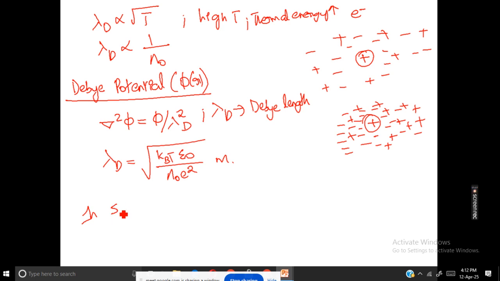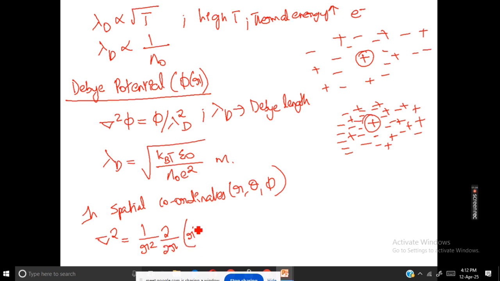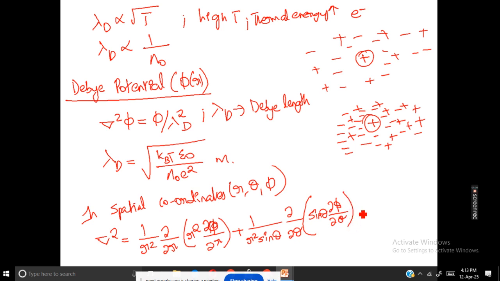In spherical coordinates r, theta and phi, the expansion of the del square term is given by 1 by r square dou by dou r of r square into dou phi by dou r, plus 1 by r square sin theta into dou by dou theta of sin theta into dou phi by dou theta, plus 1 by r square sin square theta into dou square phi by dou phi square.